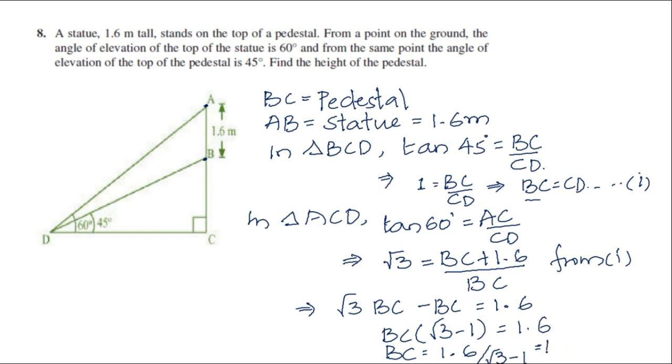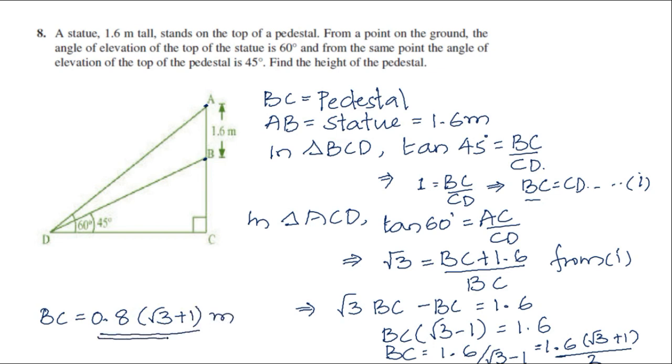Upon rationalizing the denominator, it becomes 1.6 multiplied to root 3 plus 1 divided by root 3 square minus 1 square, nothing but 2. It is same as, the length of BC will be 0.8 times root 3 plus 1 meters. This is the length of BC, which is the height of the pedestal.